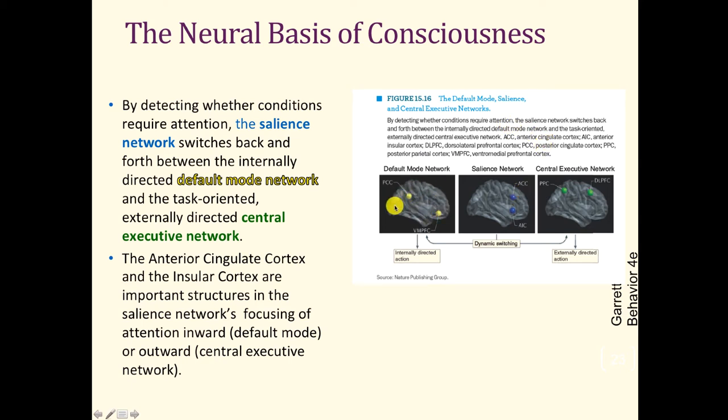Remember the default mode network? That's our at-ease type of network, when we're ready but relaxed, more internally focused. Daydreaming is associated with the default mode network. In contrast, when we're focused on an outward task, we need to use the central executive network, which involves the dorsolateral prefrontal cortex and the posterior parietal cortex.